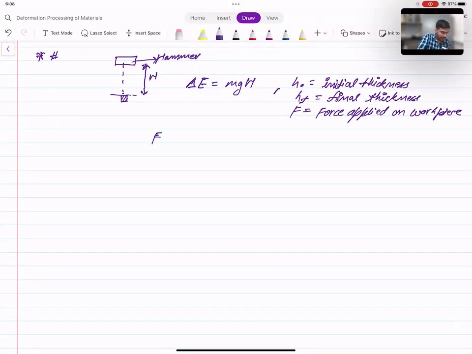Work is nothing but force into displacement, and displacement here will be the change in thickness, how much the thickness is getting reduced. So force into delta H. Delta H will be h naught minus hf. This will be equal to delta E, so F delta H will be mgh.